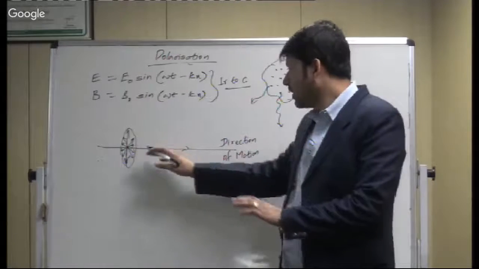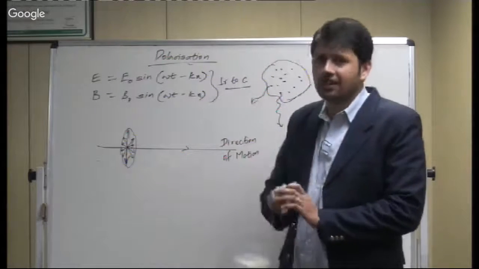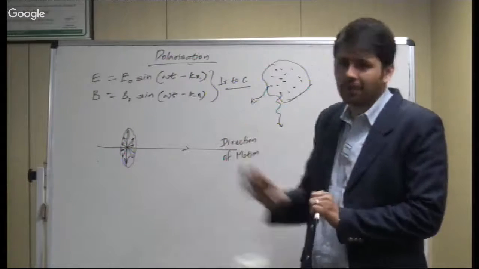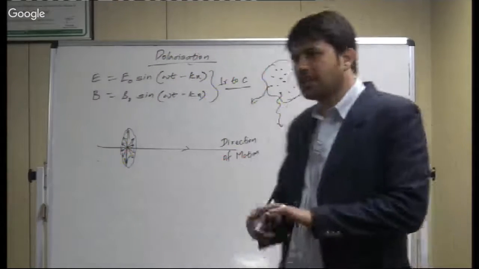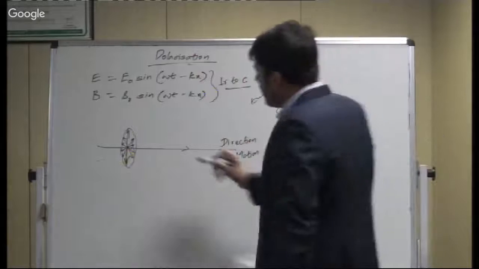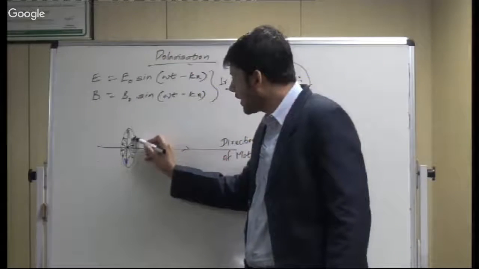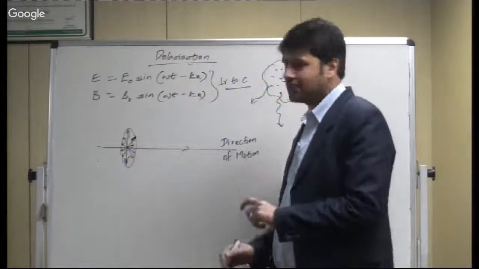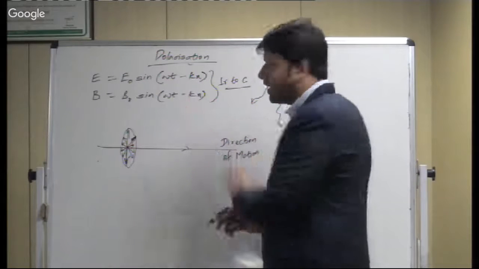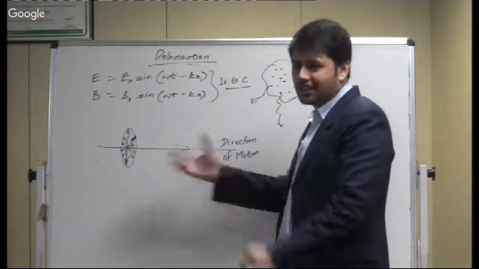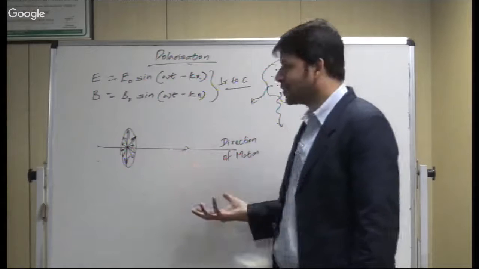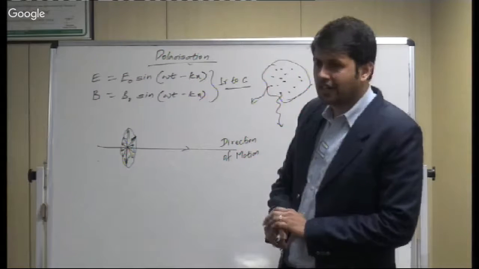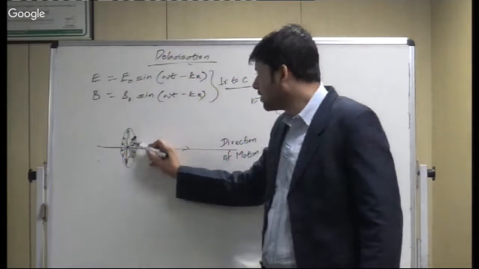The electric field would oscillate in a vertical manner, in a horizontal manner, at any angular manner, and all the possibilities are equally likely. So all these electric field vectors would have the same size. It's just that it's a 3D diagram drawn on a 2D surface, so it looks like this. But in reality, they would all be of the same size.